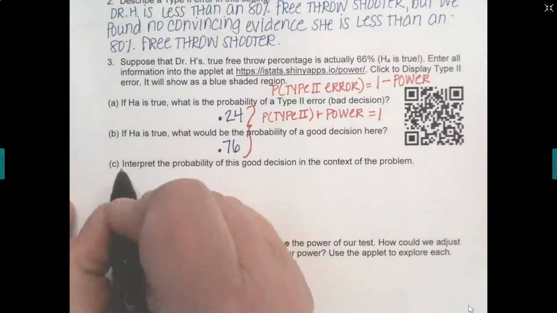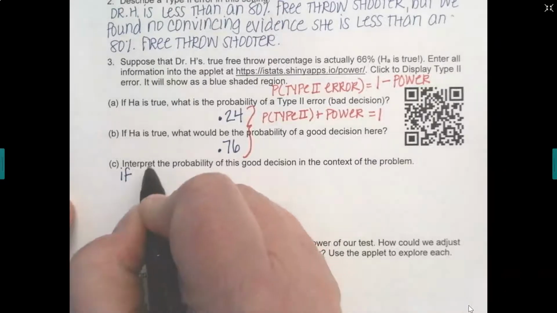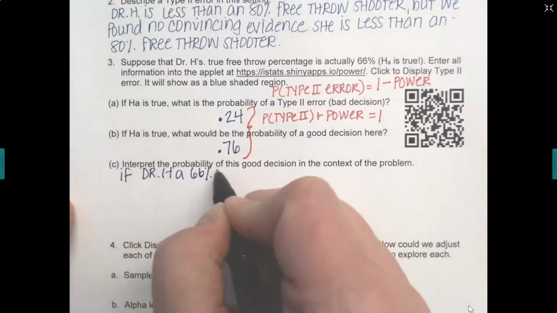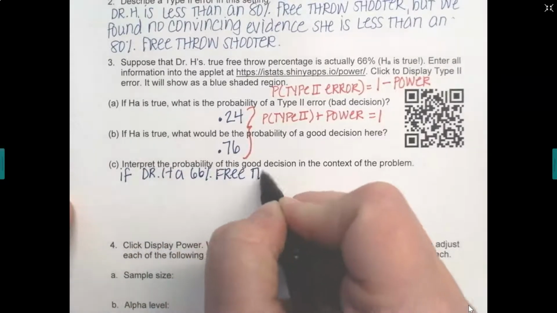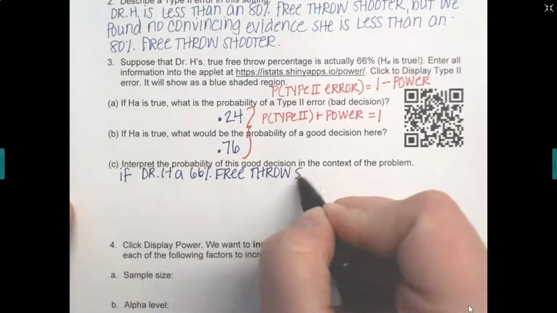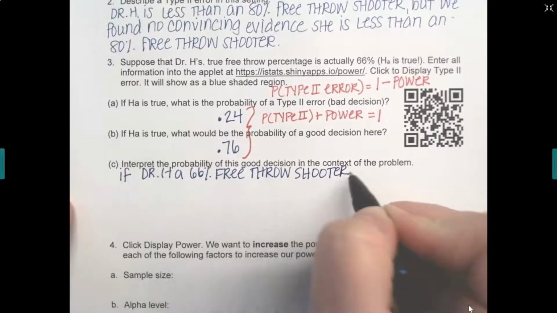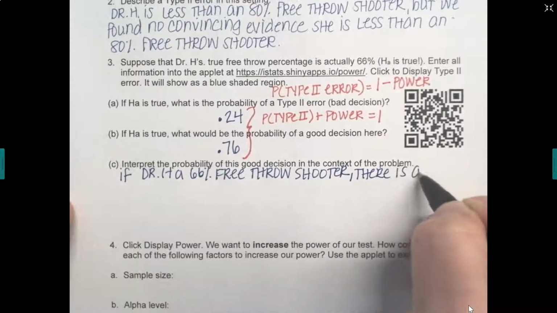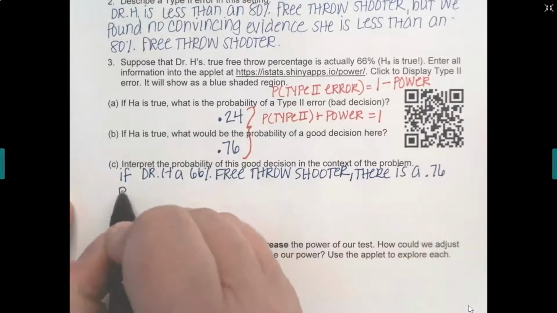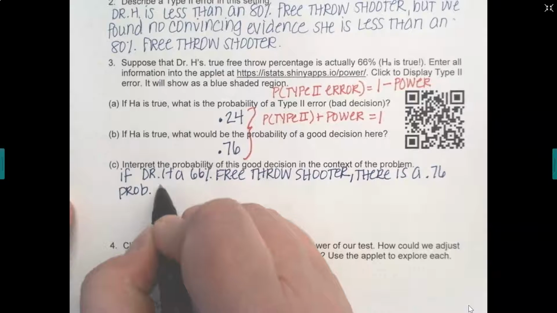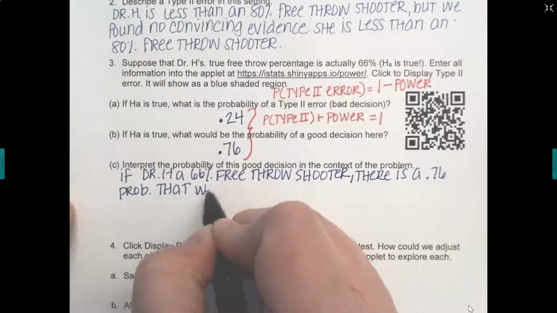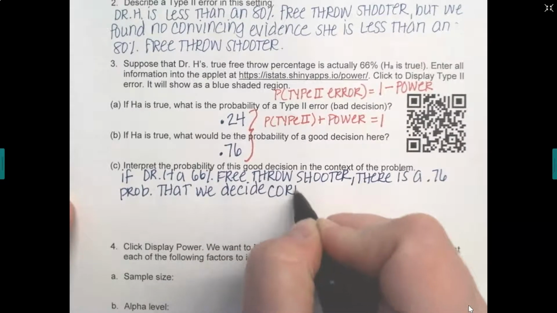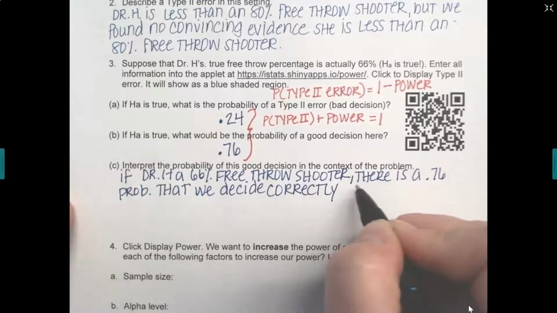So if I am a 66% free throw shooter, there is a 0.76 probability that we decide correctly that I was exaggerating.